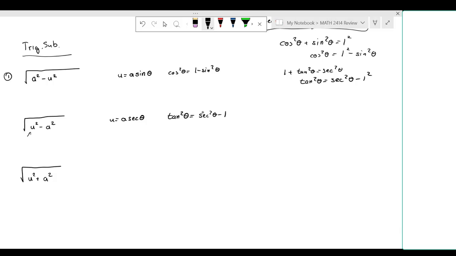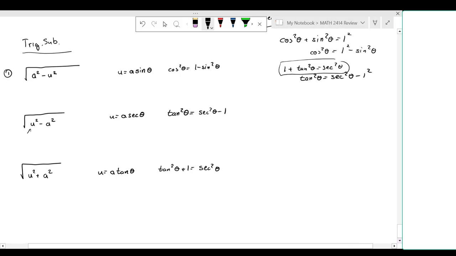And finally, the last one looks like this. You have a variable squared plus constant squared, so we should let the variable be a times tangent of theta, and use our Pythagorean trig identity. So those are the three cases.